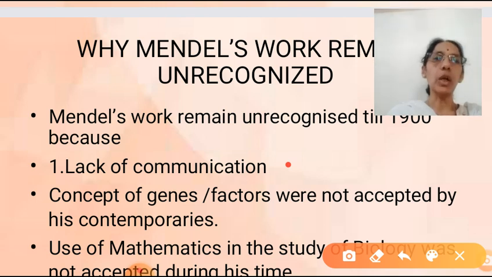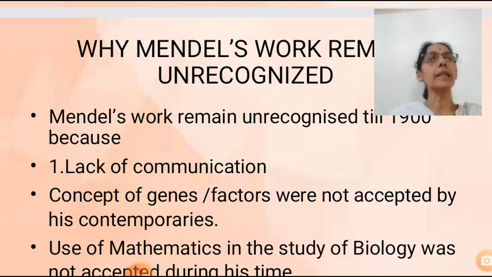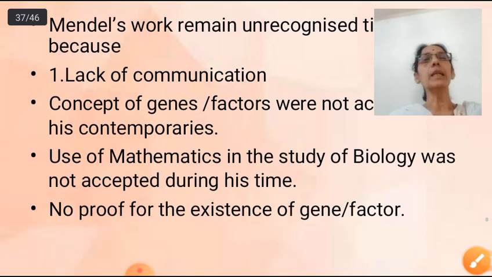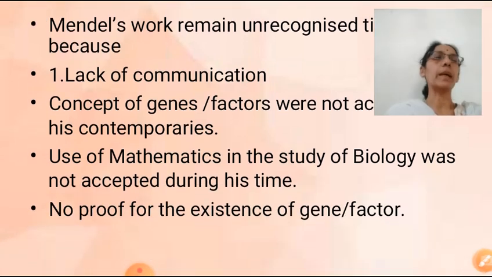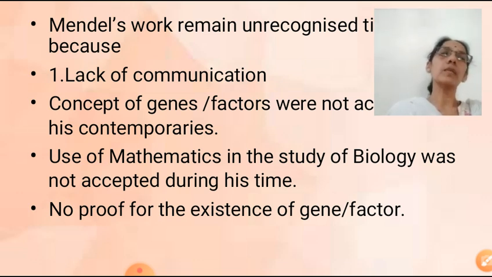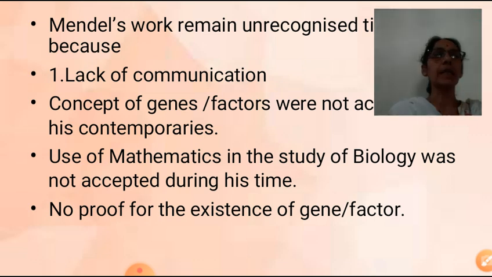That was not accepted by his contemporaries. And the third reason, already you have studied that he has used the mathematical logic. So use of mathematics in the study of biology was not accepted during his time. And during his time, he could not give any physical evidence for the existence of gene or factor. Because of these reasons, his work remained unrecognized till 1900.